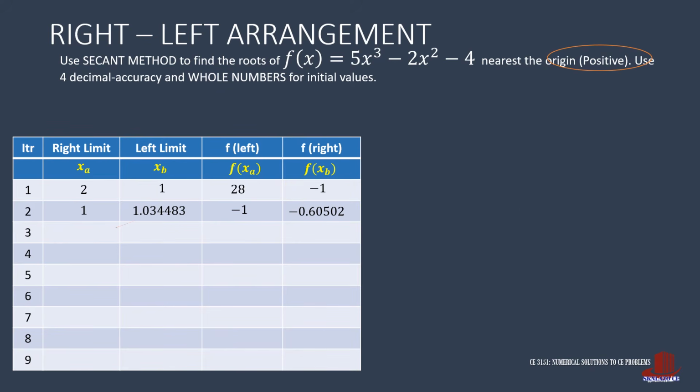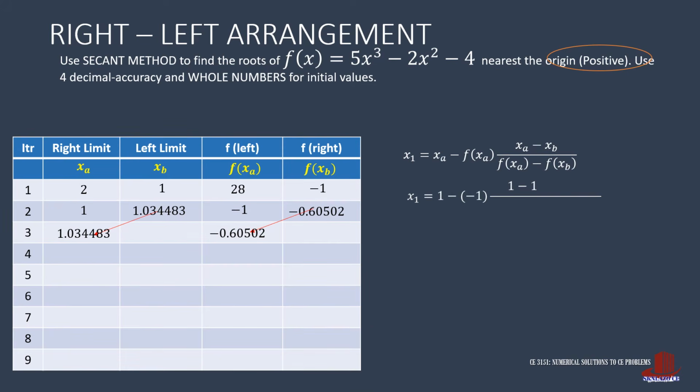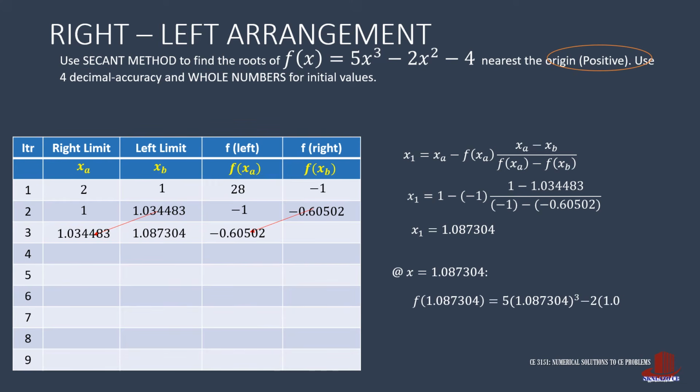The third iteration has xa of 1.034483 and f of xa as -0.6052. The new xb is then computed from the secant function, giving out 1.087304. f of xb is then solved as -0.062757 when xb is plugged in the function.